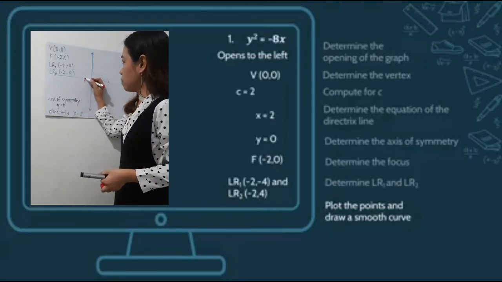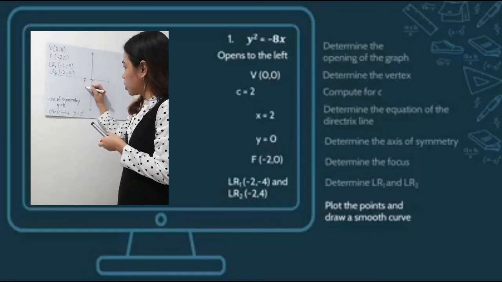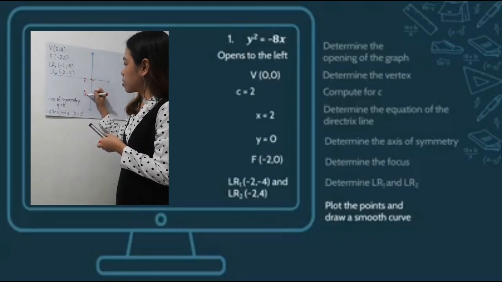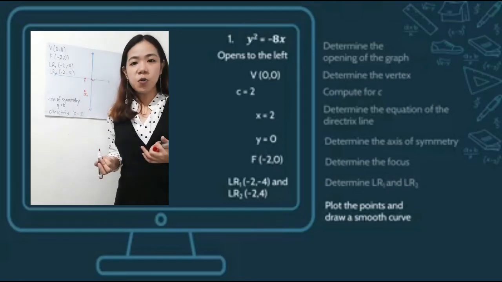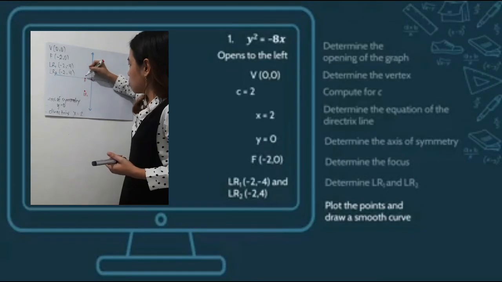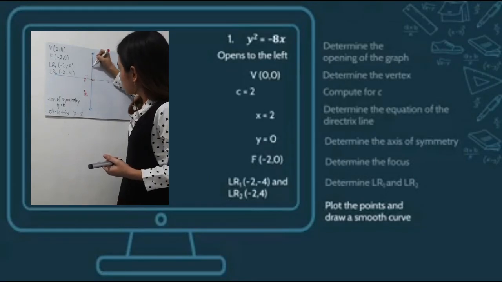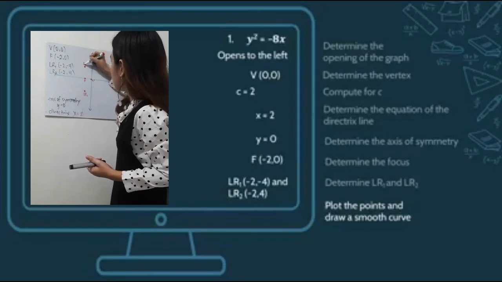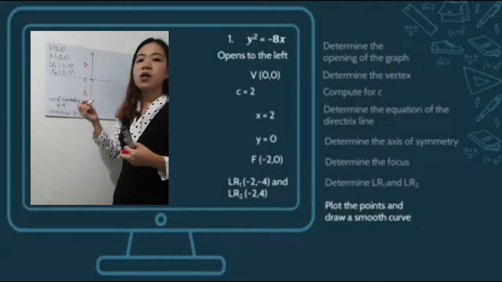So again, this is -2, and let's say this is -4. So this is LR sub 1. Then we also have LR sub 2 at (-2, 4). So 1, 2, this is 4. Let's name this as LR sub 2.